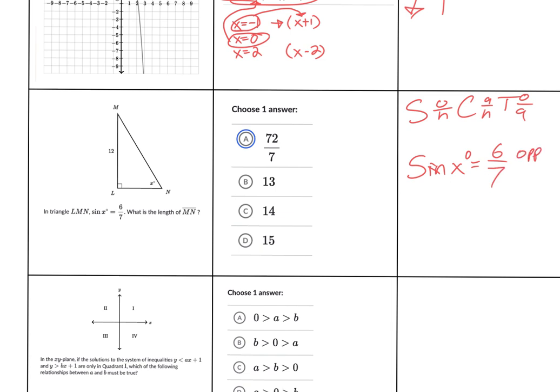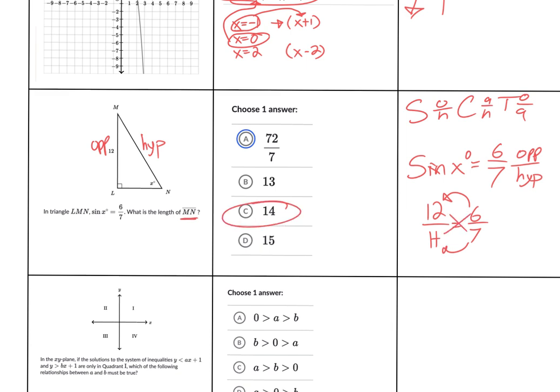That's opposite over hypotenuse. So here's opposite of x degrees. Here's the hypotenuse. And we were asked for MN, which is the hypotenuse. So 12 over our unknown hypotenuse equals 6/7. Well, this just reduced by 2, so h would be 14.